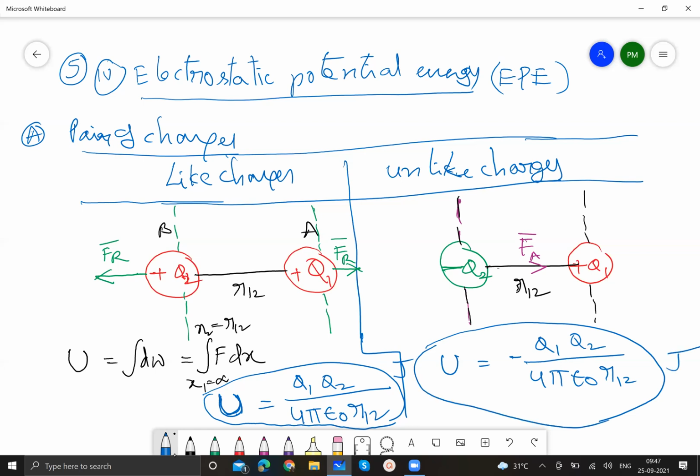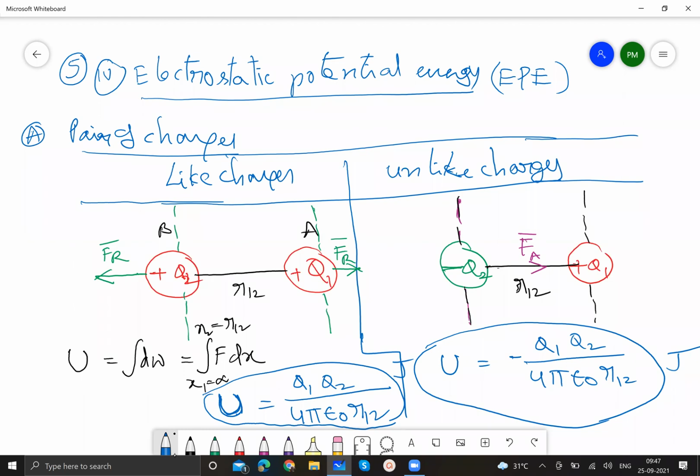Yeah, this is for a pair of charges. So every pair of charges needs a stable configuration to possess potential energy. Every pair, if you have more than two charges. For example, we have the water molecule. The water molecule is stable, otherwise we would not have water to drink at all. So two hydrogen atoms and oxygen, it's a stable configuration. Two hydrogen atoms will have positive charge, oxygen will have negative charge.